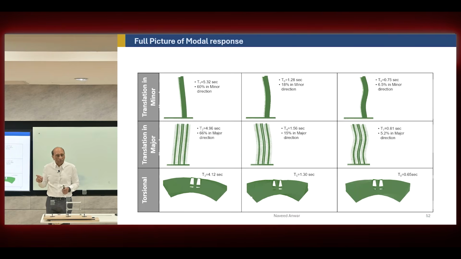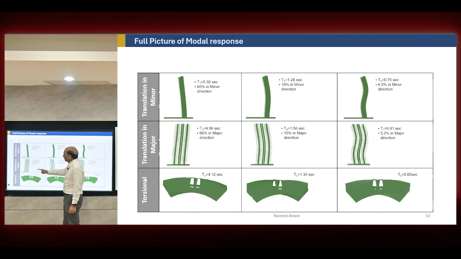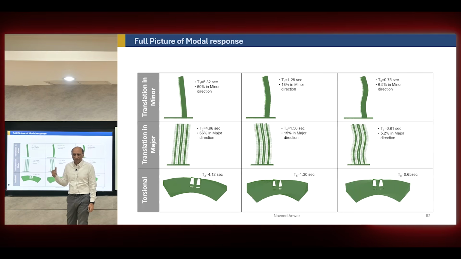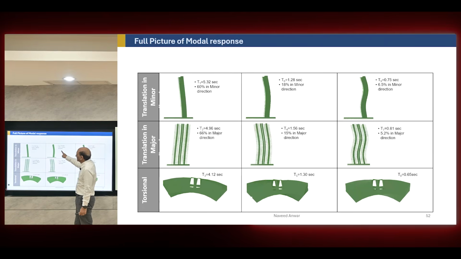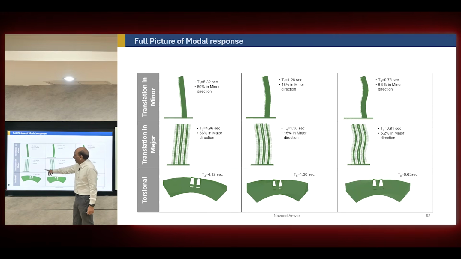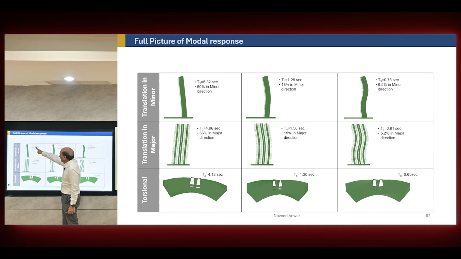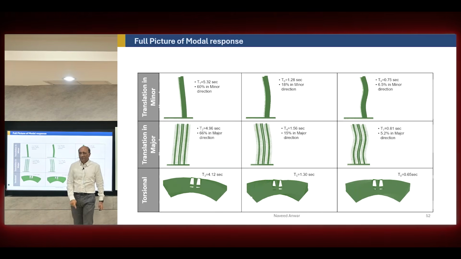So this numbering is also very important. If it was a perfectly symmetrical building, it would be 1, 2, 3, 4, 5, 6, 7, 8, 9. But in this building, that is not true. So it's going to be 1, and after that is number 6. That means some other thing got softer somewhere. So in this 6, now you can see it is minor. And look at the jump from 5.3, it jumped to 1.28.